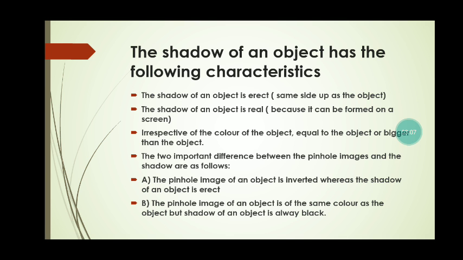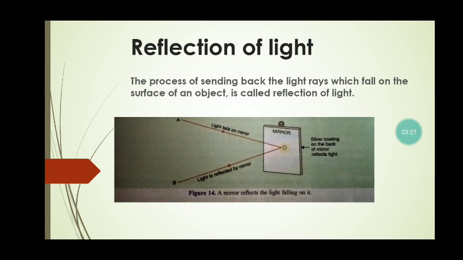As we have studied, the tree color on the screen is the same as the color of the tree. So the pinhole image of an object is the same color as the object, but the shadow of an object is always black.